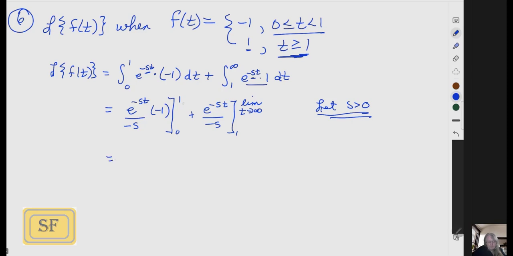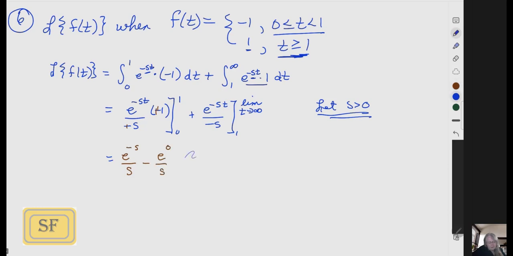And then substituting in, on this first term, those two negatives cancel each other out. So I just have e to the negative st over s. Substituting in 1, I get e to the negative s times 1 over s, minus substituting in 0, we get e to the 0 over s.